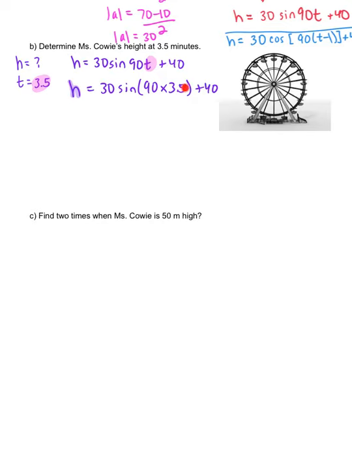This will depend on your calculator if you need the brackets or not. So then you get h equals 30 sine of 315 plus 40. And then just put that all into your calculator. And actually, you could have put that second line into your calculator. You can just sub in and then go. So you should get 18.8.